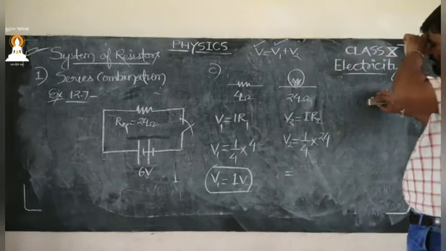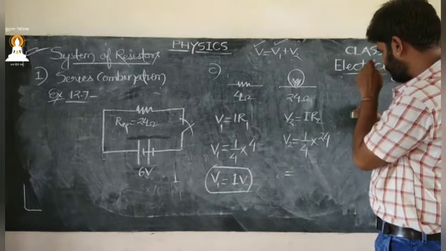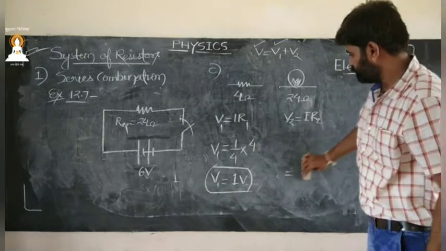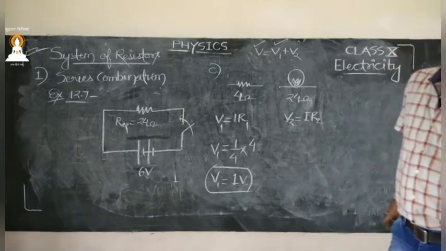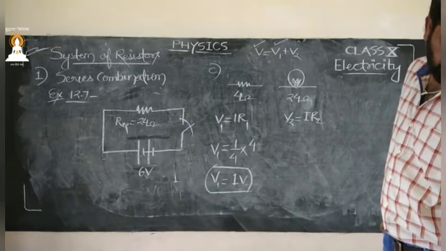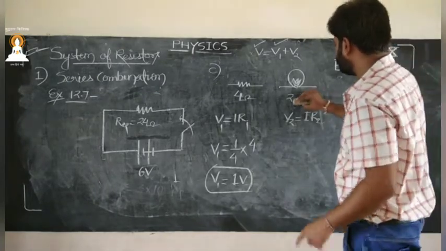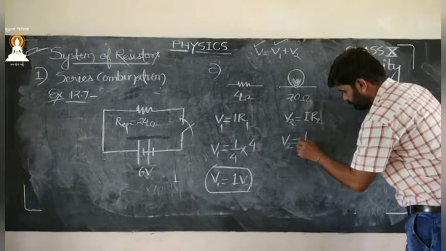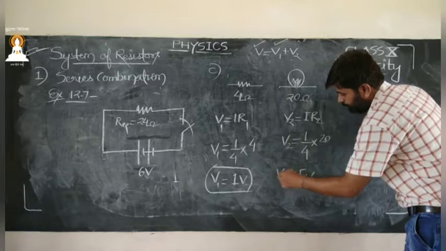Sorry, this is not 24, this is 20 ohm. So V2 will be equal to 1 by 4 into 20. So this will be 5 volt. This V2 will be 5 volt.